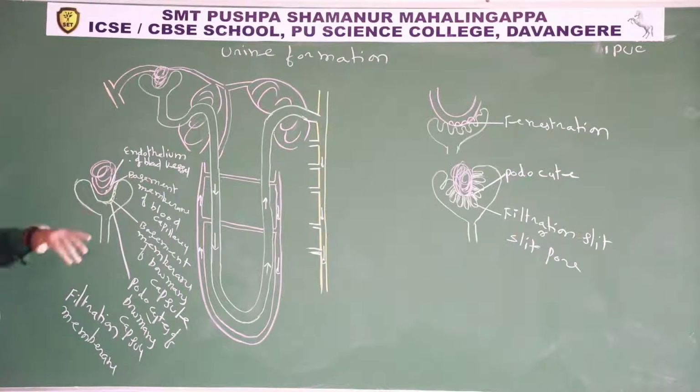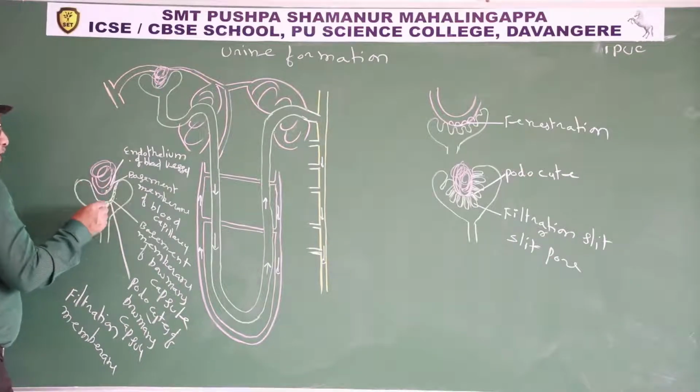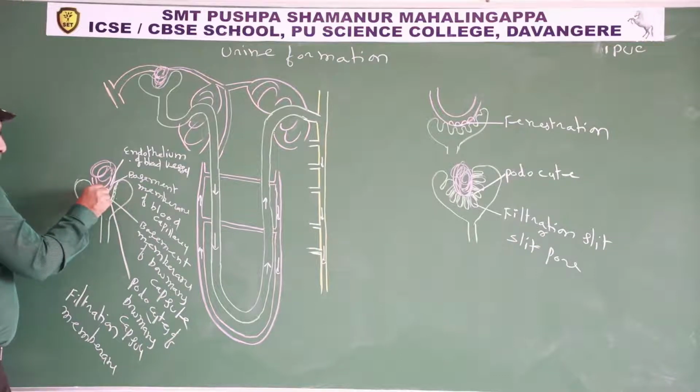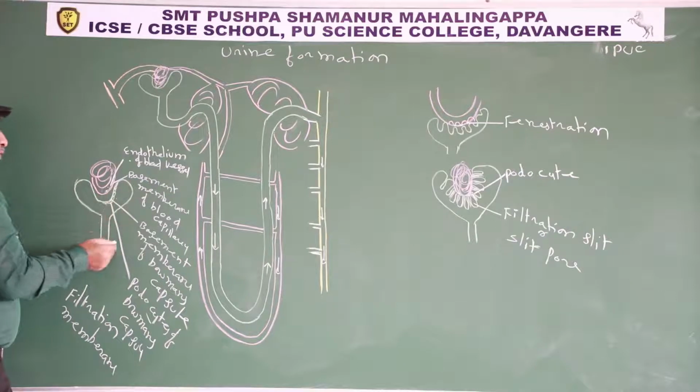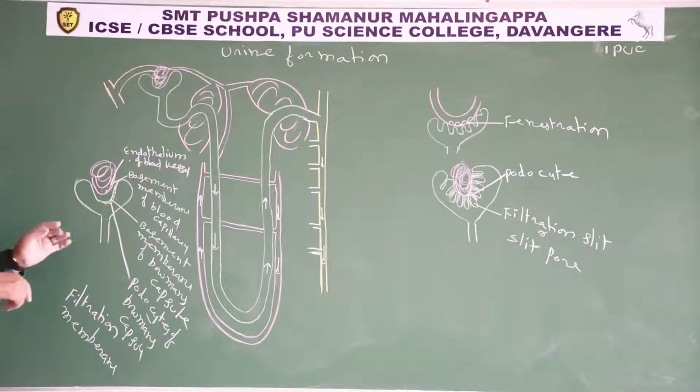The content present in the blood capillary is filtered into the lumina of Bowman capsule through three layers. One is endothelium of blood capillary, with basement membrane of blood capillary and basement membrane of Bowman capsule together known as one layer, and podocytes of Bowman capsule another layer. So the substances present in the lumina of blood capillary enter into the lumina of Bowman capsule through three layers.